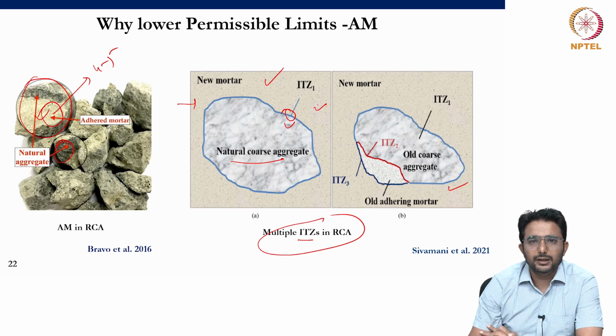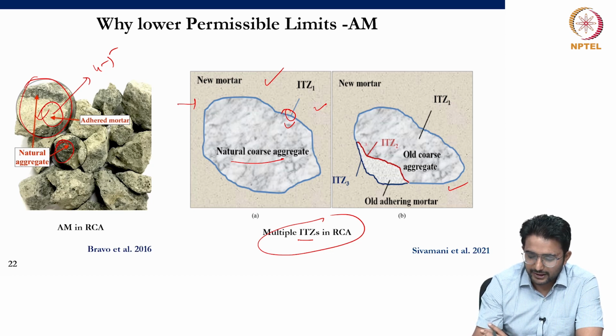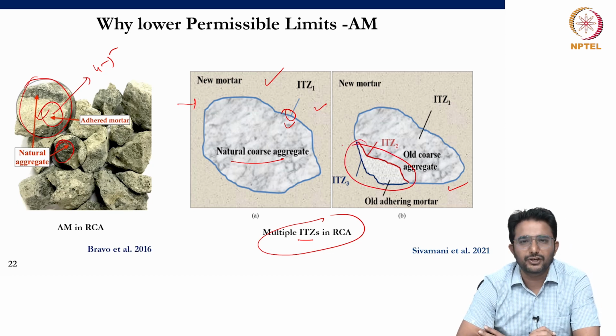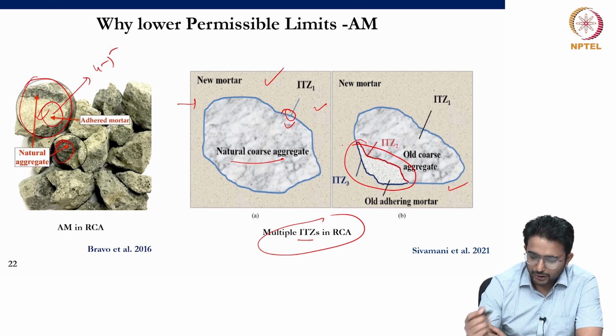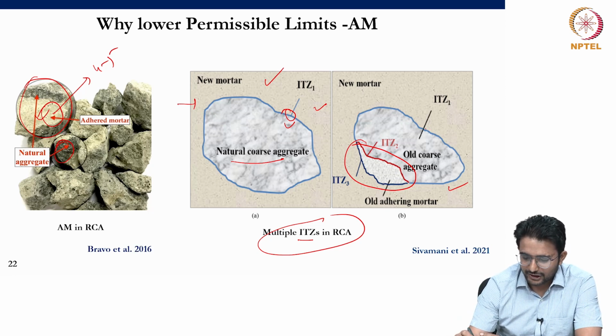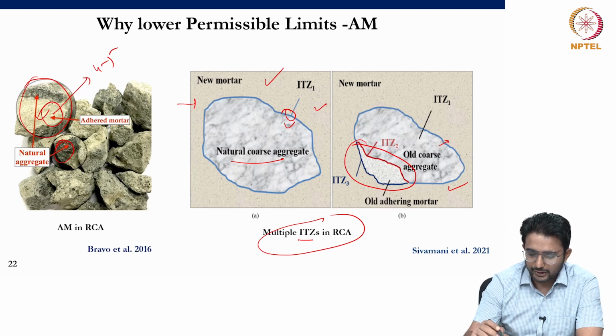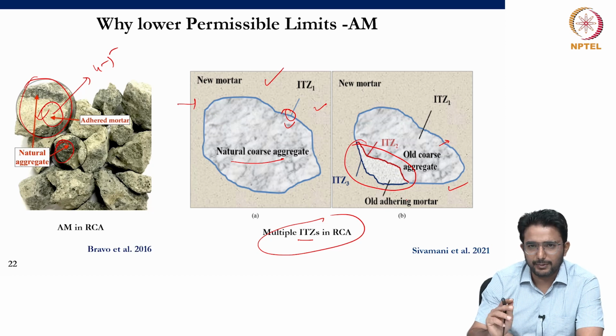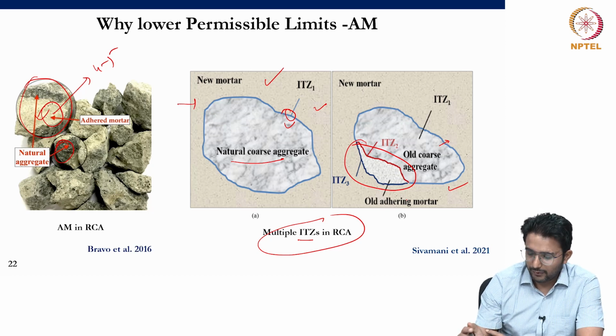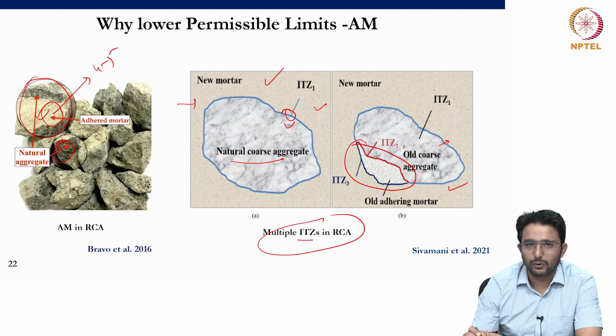But in the case of the recycled concrete aggregate, because of the presence of the added mortar, multiple interfacial transition zones will form. Here in this picture you can see one transition will obviously be between the aggregate and the mortar, because the mortar will not be totally binding or covering the aggregates. There will be some patches from which the new mortar can go and bond with the aggregate.